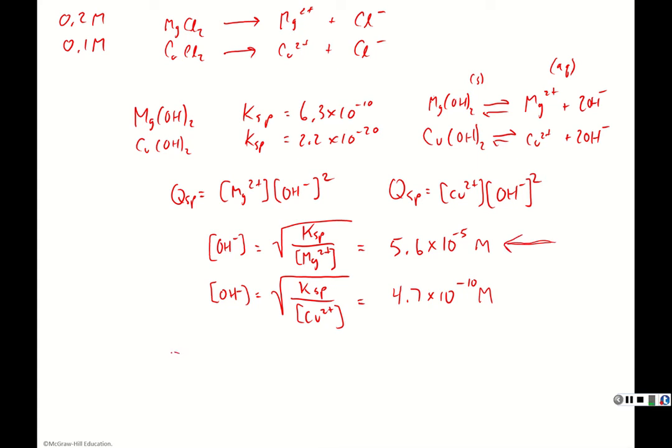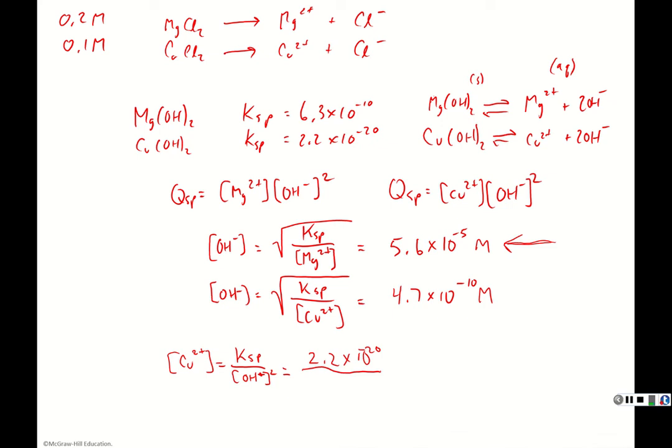And we can rearrange that expression, the KSP expression, to solve for a copper concentration. Sorry, OH minus squared. And now we're using the KSP for copper because that's the least soluble that we're trying to precipitate out.